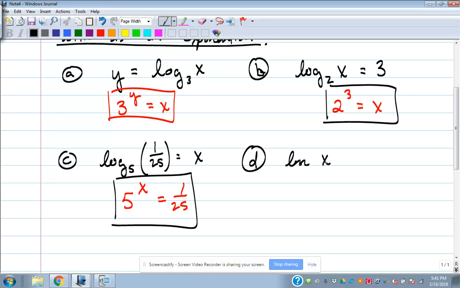Natural log of x equals y. Here's the kicker on the natural log. Natural log is log base e. Okay? So the base is e. What's the exponent? y.